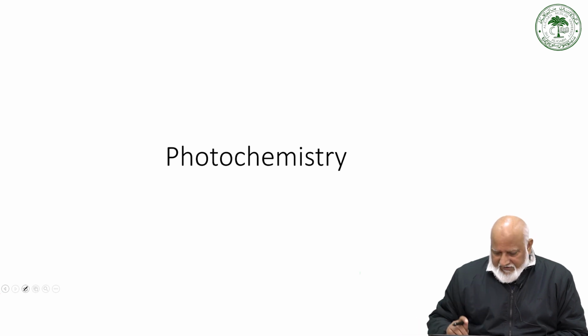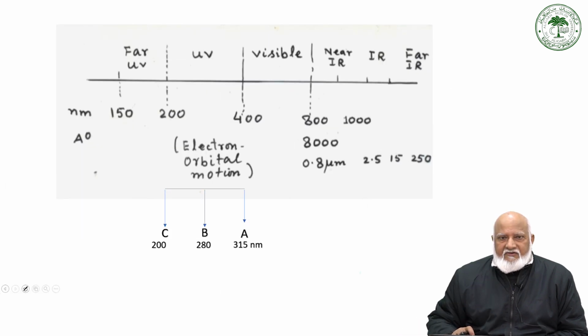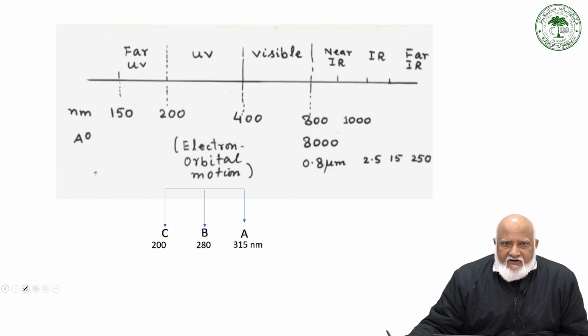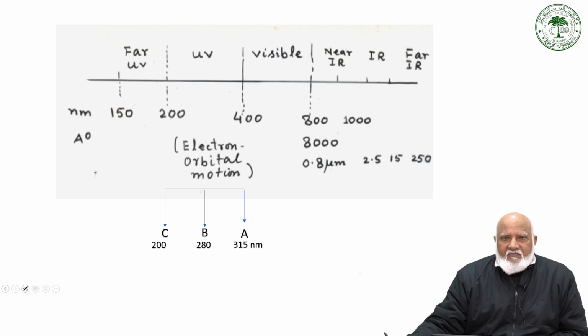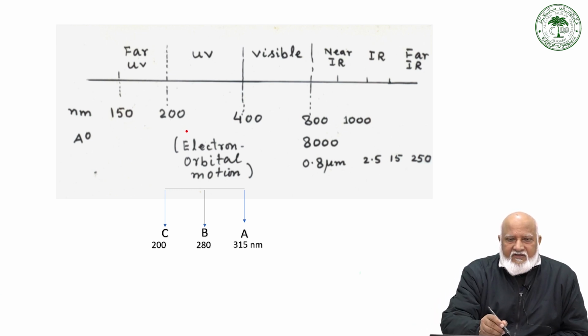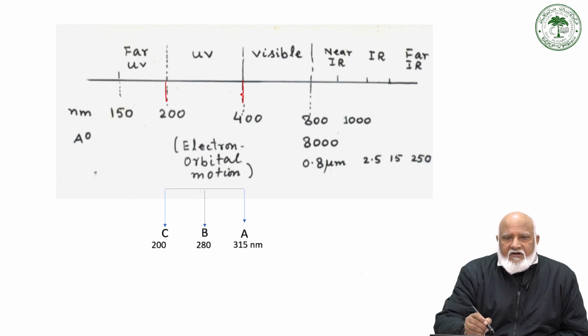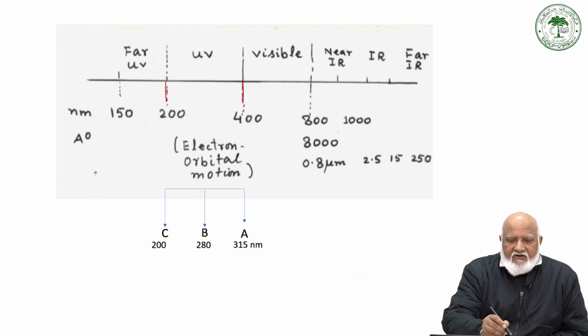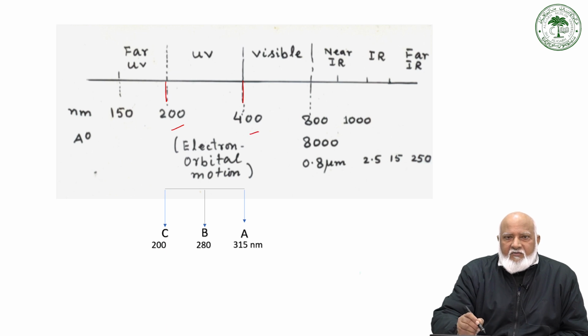So in the next few slides, this slide represents the electromagnetic spectrum representing different wavelengths. This is the UV region, ranging from 200 to 400 nanometer.